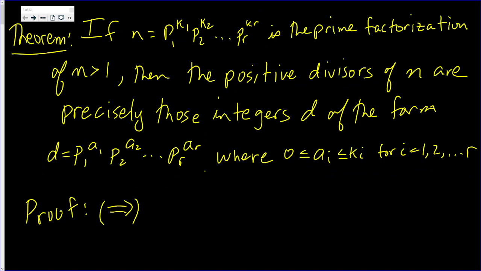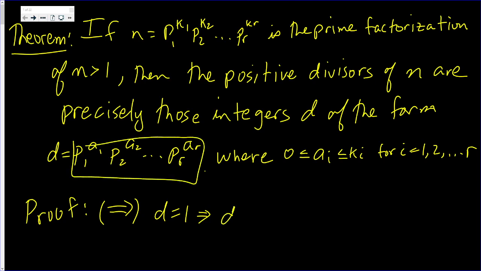Okay, so let's get a couple of simple cases out of the way. If d is 1, that implies that d is equal to p1 to the 0 times p2 to the 0 all the way up to p sub r to the 0.